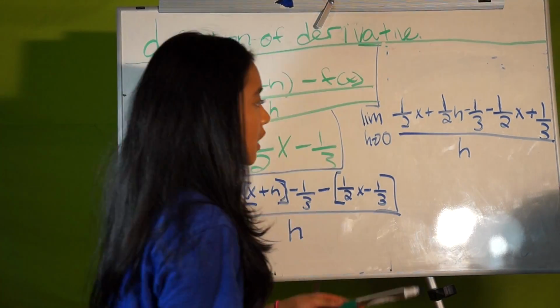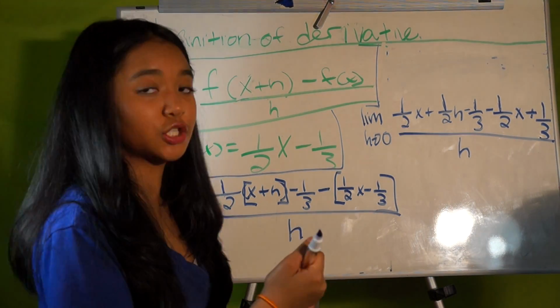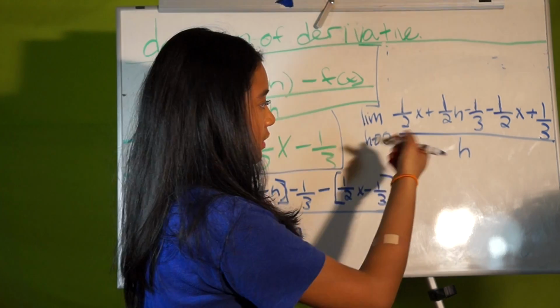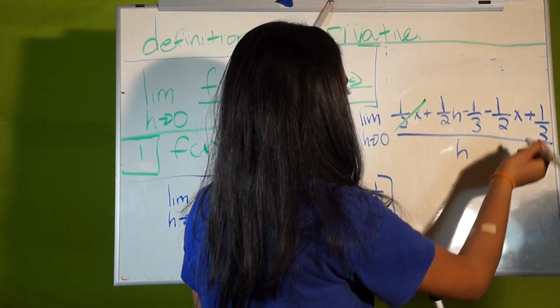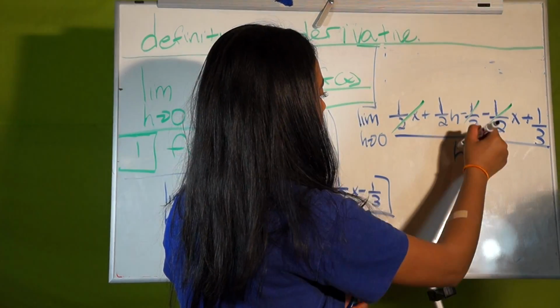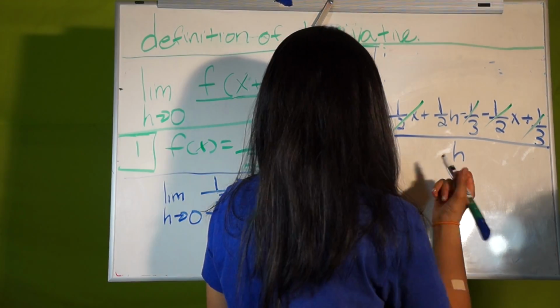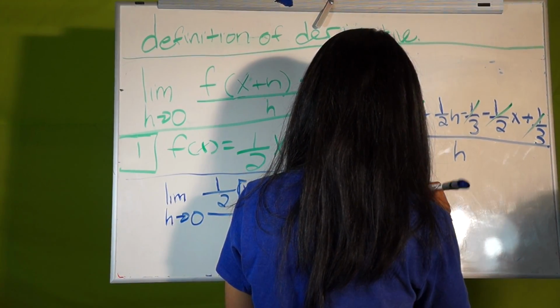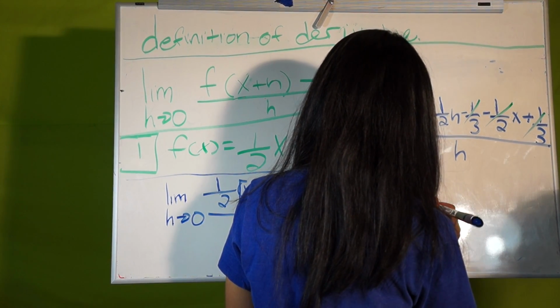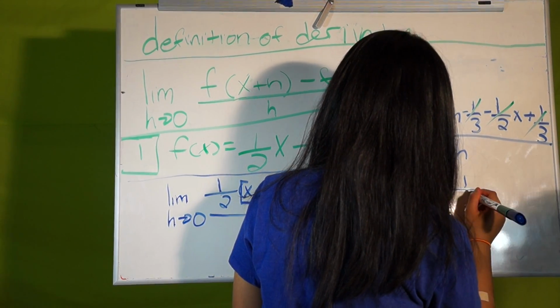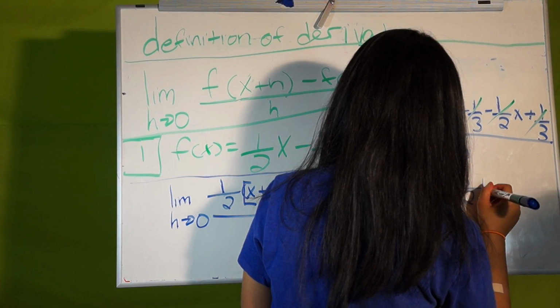As you can see, lots of terms are going to cancel out. The 1/2 x cancels out, and the 1/3 and 1/3 cancel out. Then we're left with limit as h approaches 0 of 1/2 h all over h.